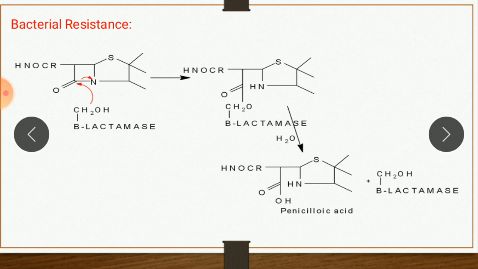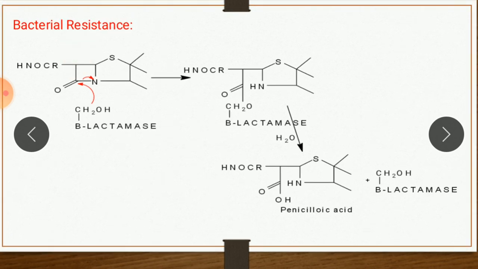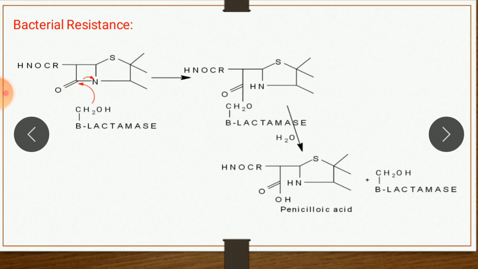These enzymes find some commercial use in the preparation of 6-APA, 6-aminopenicillanic acid, for the preparation of semi-synthetic penicillin. So this enzyme, called acylase, attacks the side chain. There is no defined mechanism for this enzyme, but it attacks the side chain. So this enzyme is utilized commercially to prepare 6-APA, which is the basis for preparation of new semi-synthetic penicillins.